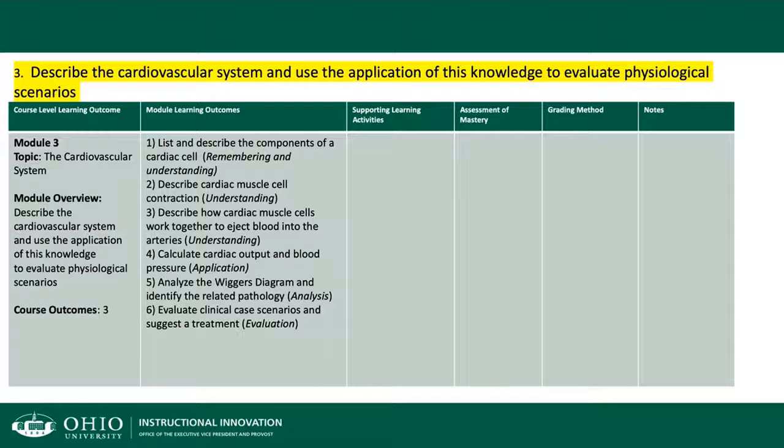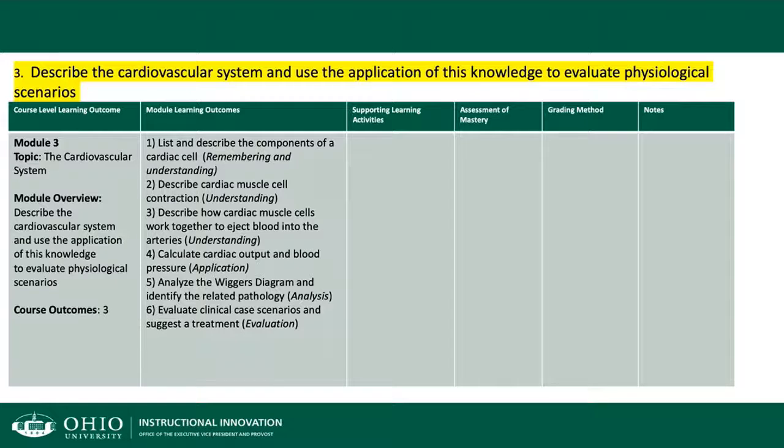But now I want to think about what precisely do I mean by describe the cardiovascular system and apply that knowledge to evaluate physiological scenarios. So I think more particularly about how the students will be able to show me that they are able to meet this learning outcome.